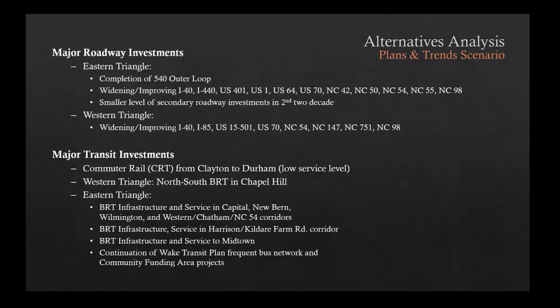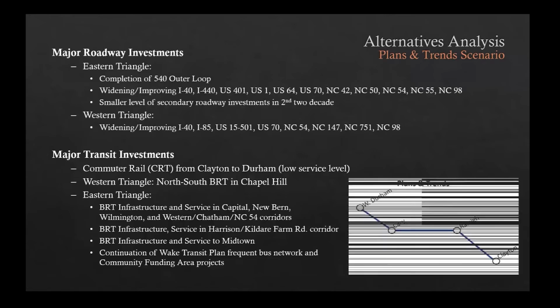People say 8282, and what that means is 8 trains during the peak, 2 trains during the off-peak. So that's a low service level. We're assuming the 3 BRT projects in Raleigh, and also implementing the Wake Transit Plan, and we have one BRT project in Chapel Hill. So those are the main projects we have in the trend scenario. Next slide.